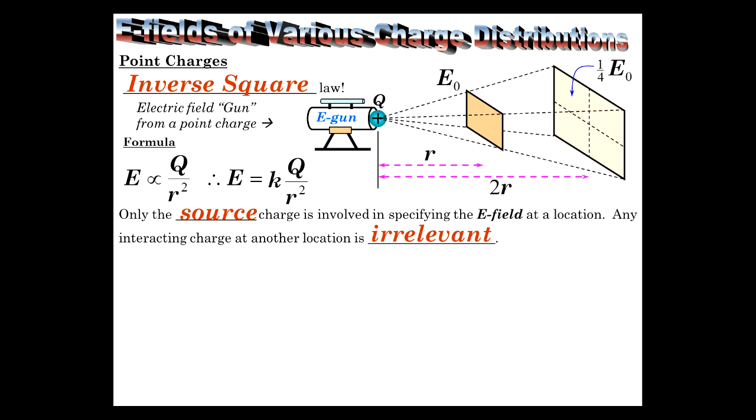But its E field is not under consideration, so we'll consider it irrelevant, even though in some circumstances that may only be an approximation. In a similar way, the gravitational field of Earth out at the moon has nothing to do with the mass of the moon. We're not talking about the moon's G field.